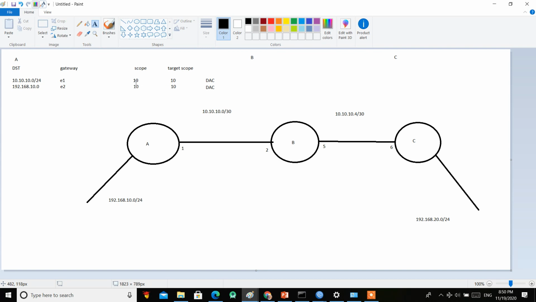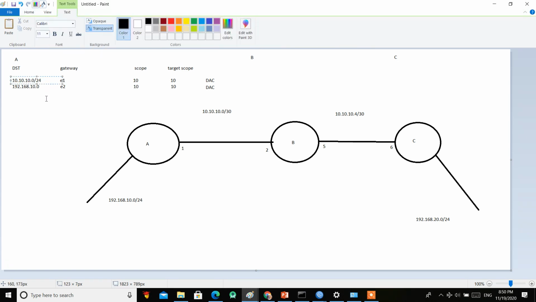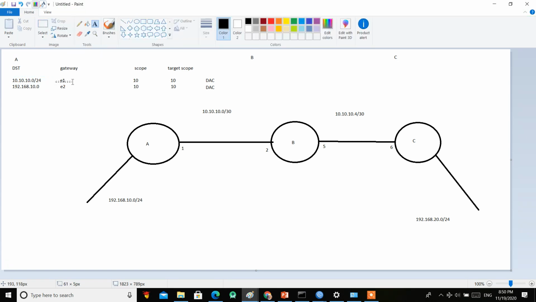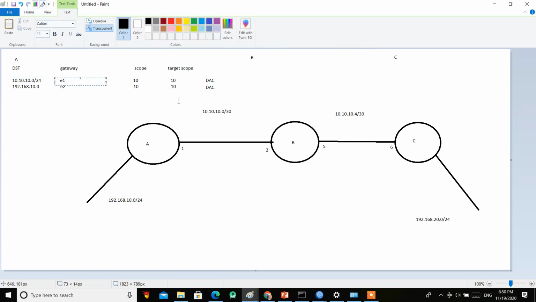So what is this route? Where do you have to go? Okay, so for example, if you want to reach this address, you have to go to ether1.